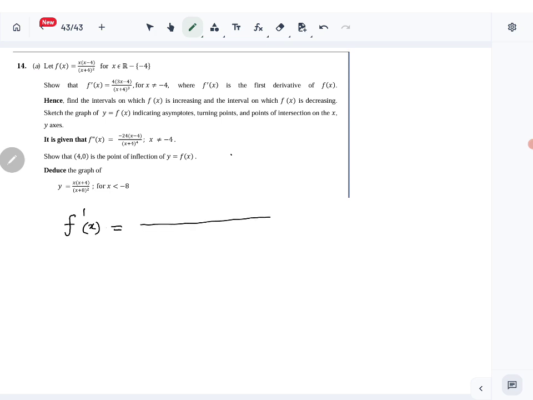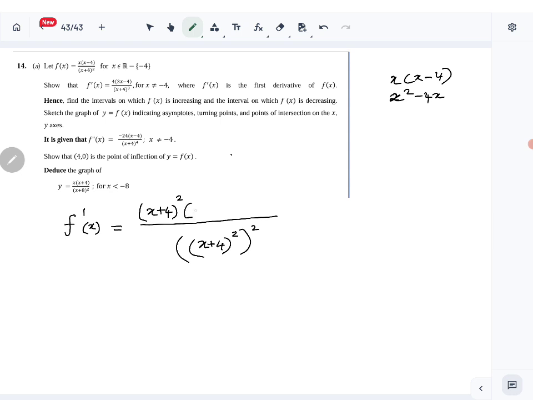So the denominator is x plus 4 whole thing squared. Then we keep x plus 4 squared here. Differentiate the numerator term. Rather than using the product rule, just expand it and do it. It's easier, no? Just the power rule.